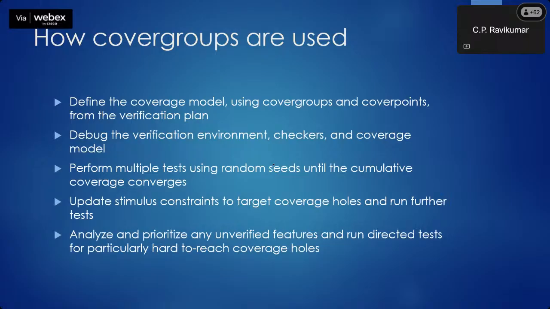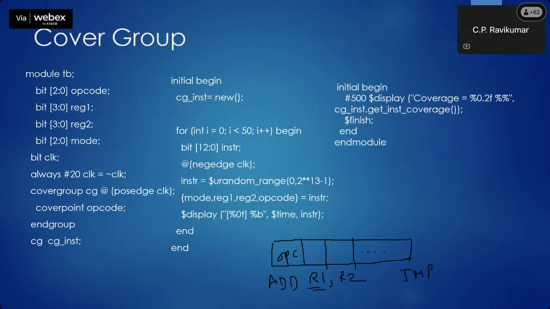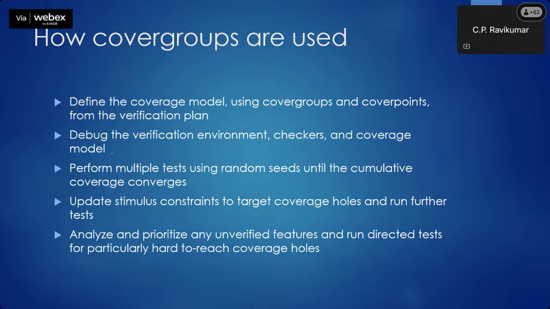Now you have to understand where the gap is. Meaning, this was my verification plan, and these were the cover groups. Which one, the opcode for example, is not giving enough coverage, or is it the mode that is not? You have to go into it, and then maybe you can change it.